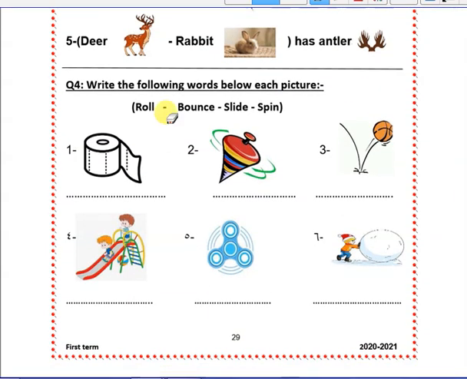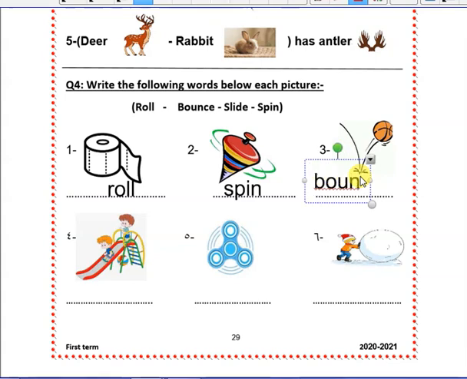Write the following words below each picture. This tissue paper can roll, or bounce, or slide, or spin. Yes, it can roll, or move by roll. This spinner can spin. Yes, spin or move by spin. This ball bounces, returns back.